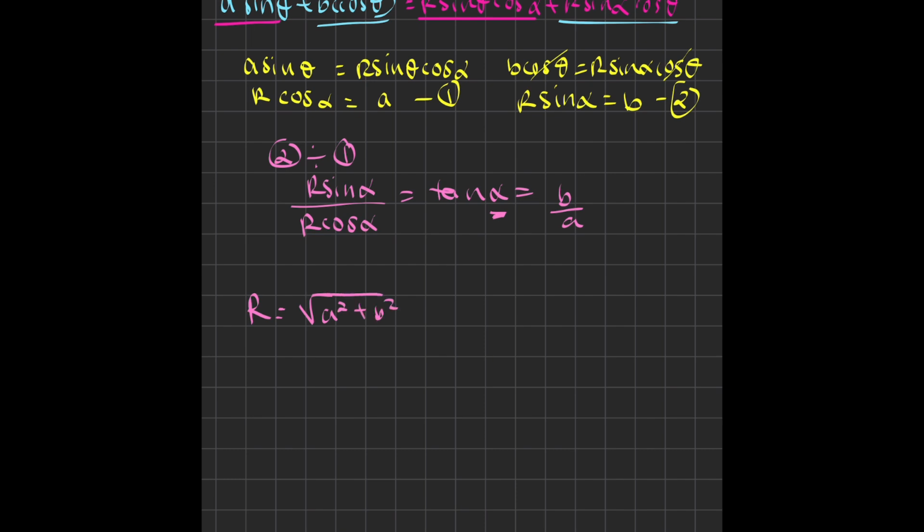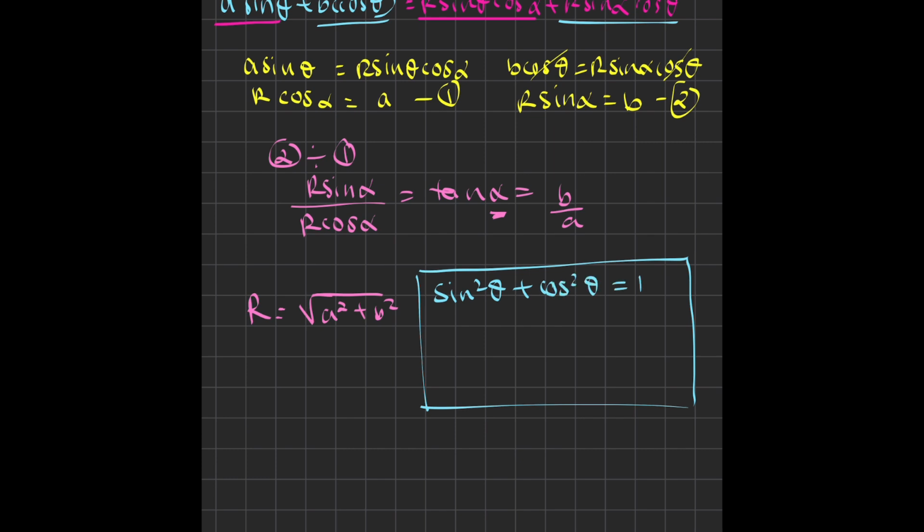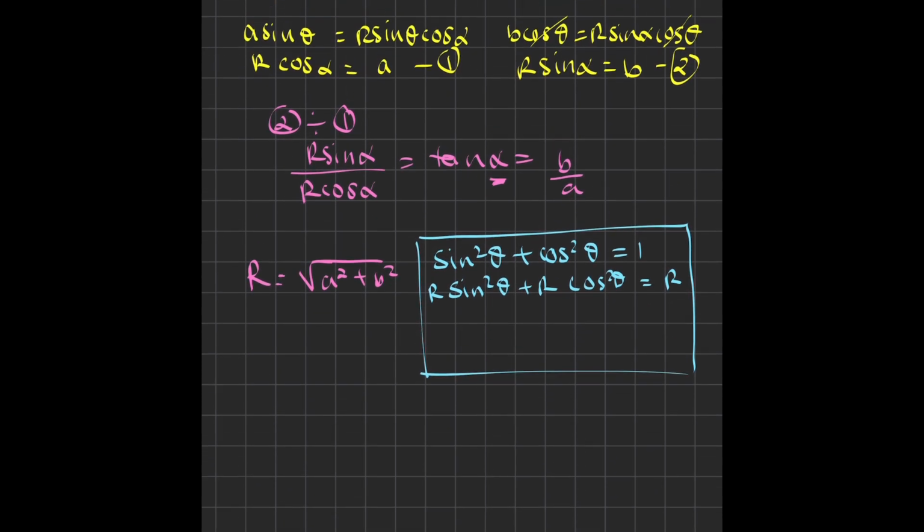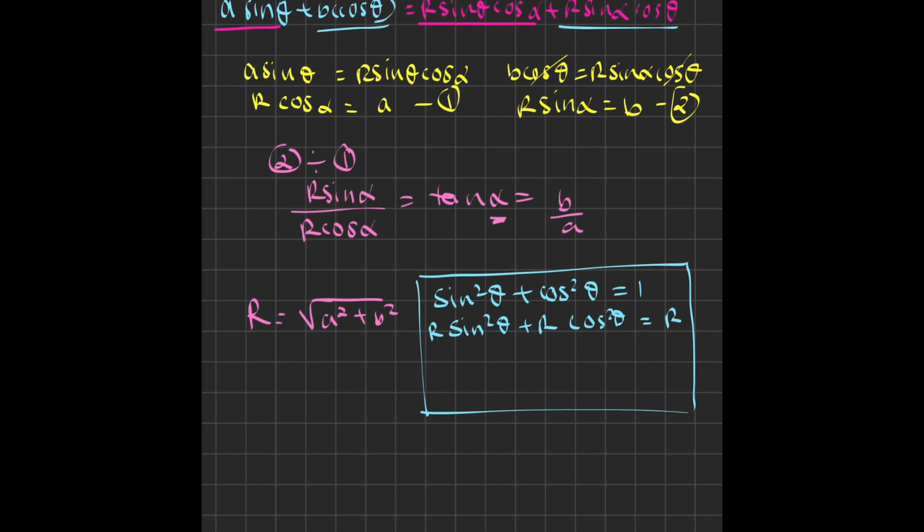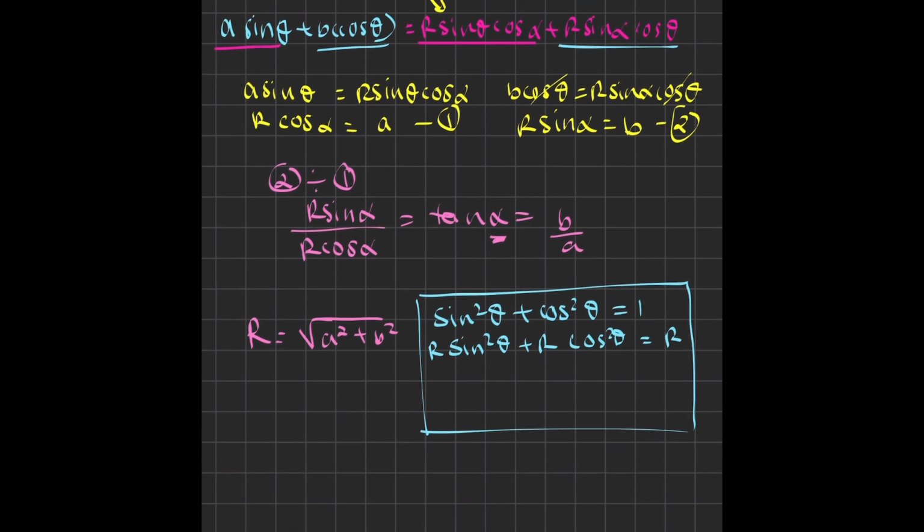Now where does this idea come from? It comes from this idea that sine squared theta plus cos squared theta equals 1. So now if we're going to multiply this whole thing by r, we're going to get this, right? Sorry, this will be r squared and r squared and r squared. Hang on.